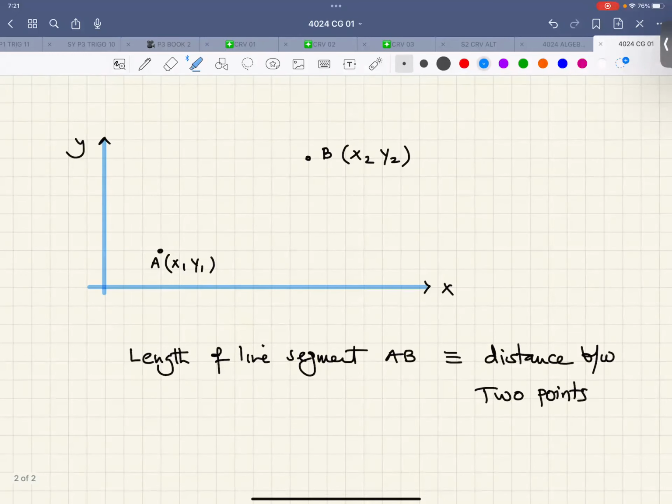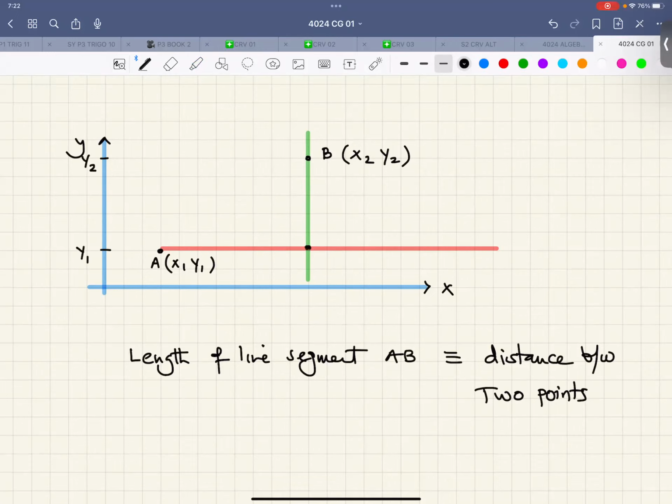Now, what I can do is let me draw a horizontal line like this. Let me draw a vertical line like this. If I label this y coordinate as y1 and this y coordinate as y2, therefore, the height over here is y2 minus y1.